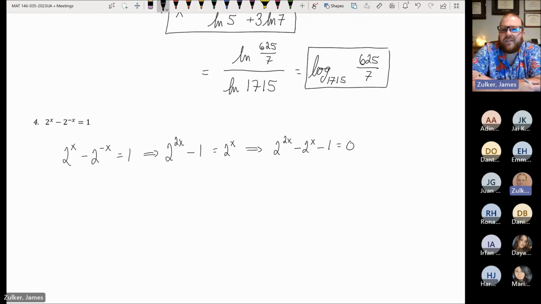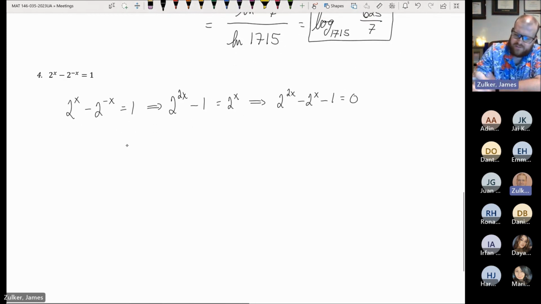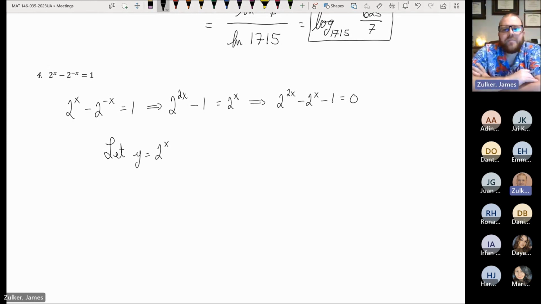This looks quadratic. So to see it, we do another common technique in mathematics called change of variable. I'm going to replace 2 to the x with y.